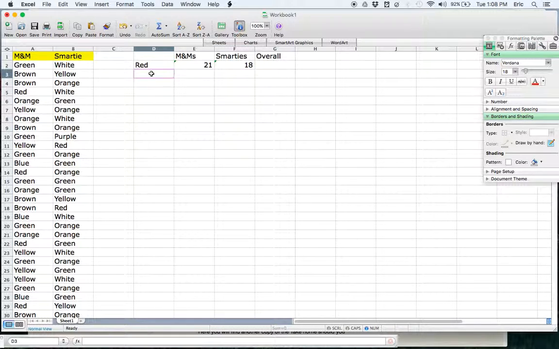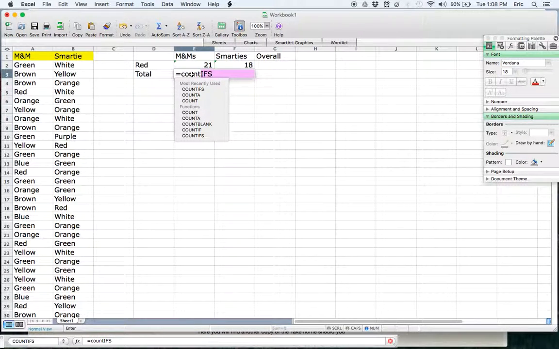I need the total for figuring the proportion. So now I need to count again, from A2 to A200.